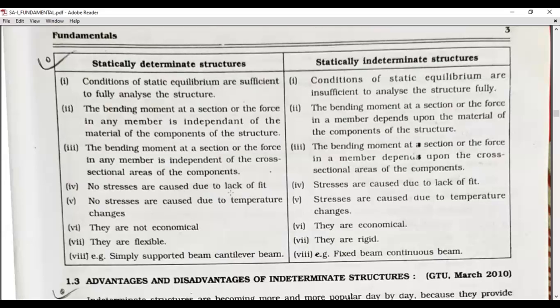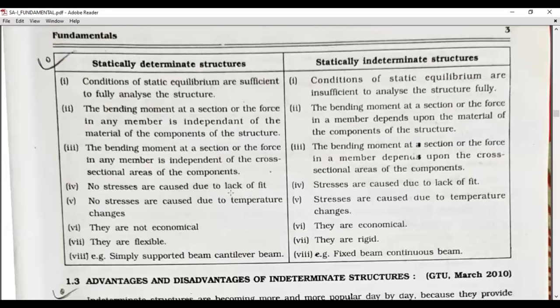Also, in a determinate structure the bending moment at a section or the force in any member is independent of the cross-section area of the component, while in an indeterminate structure these depend upon the cross-section area. No stresses are caused due to lack of fit; stresses are caused due to lack of fit.